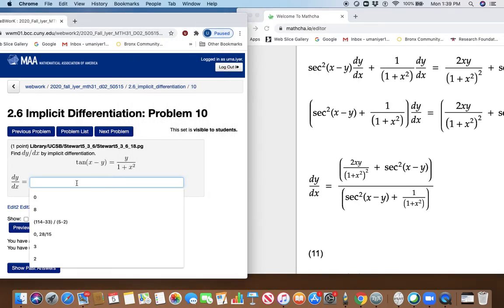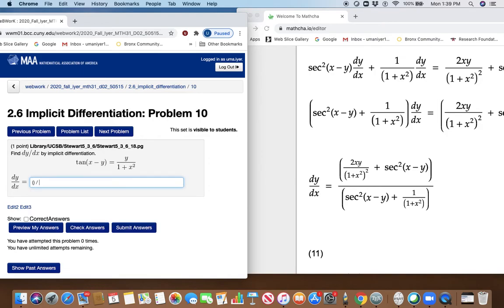So let's write that down. It's a complicated numerator over a complicated denominator. The numerator itself is complicated, so let's be careful. 2xy over 1 plus x squared to the power 2, plus secant to the power 2 of x minus y.